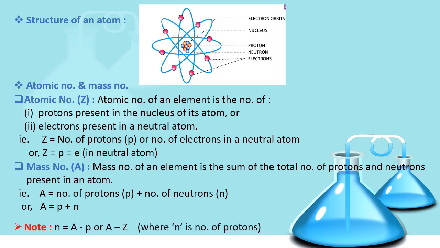So students, if you have to find the number of neutrons, then how can you find the number of neutrons? We can find the number of neutrons by subtracting number of protons from the mass number, that is A minus Z, mass number minus atomic number. So we can find the number of neutrons. Let us move to the next topic.